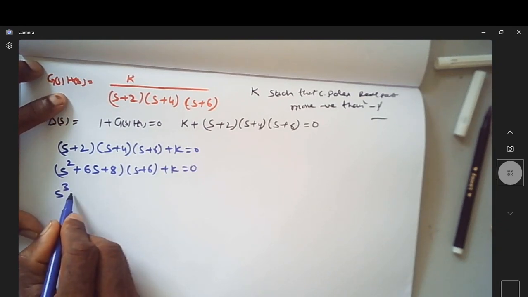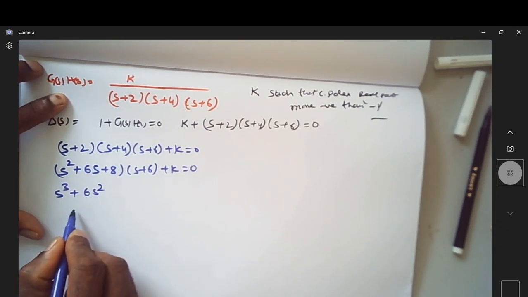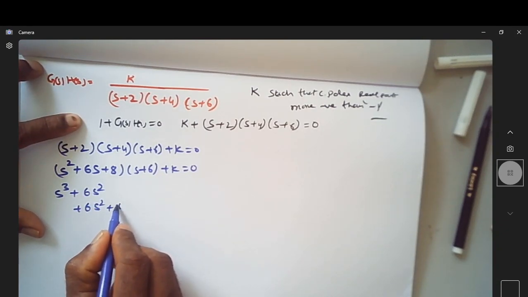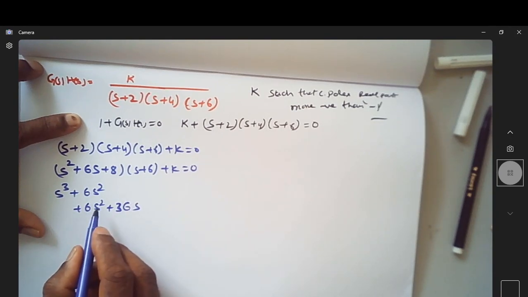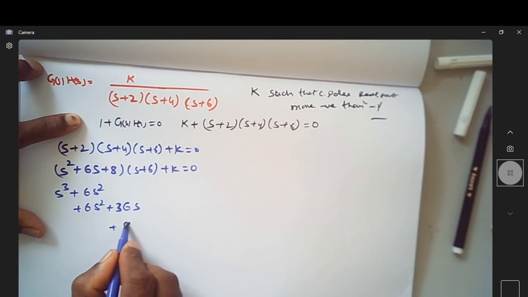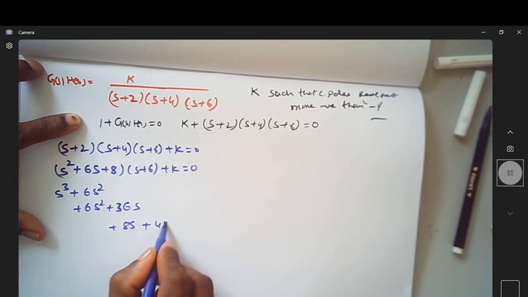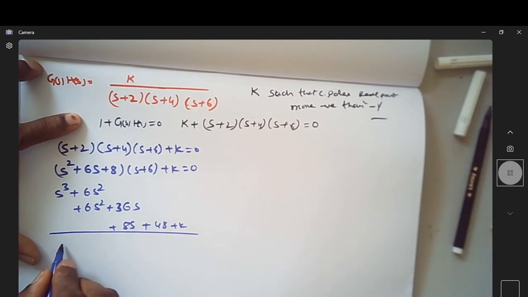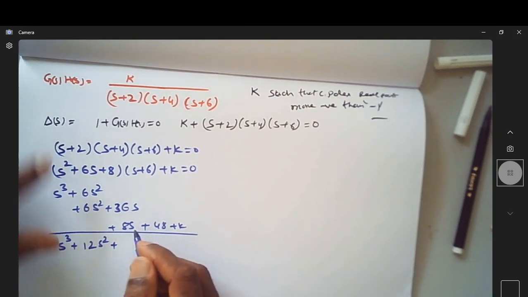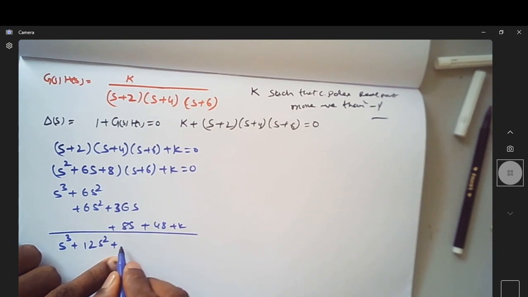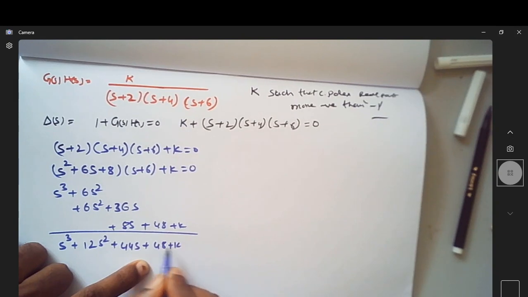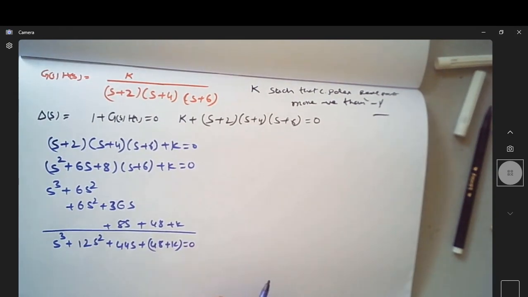This will become s cube plus 6s square plus 6s square plus 36s, and then 8s plus 48. Of course plus k is there. So this characteristic equation now reduces to s cube plus 12s square plus 44s plus 48 plus k.